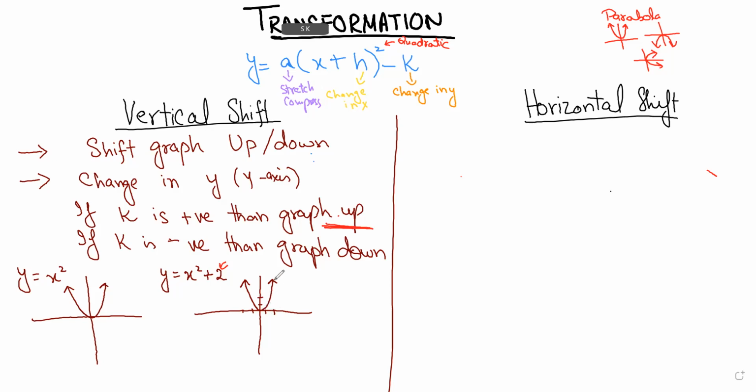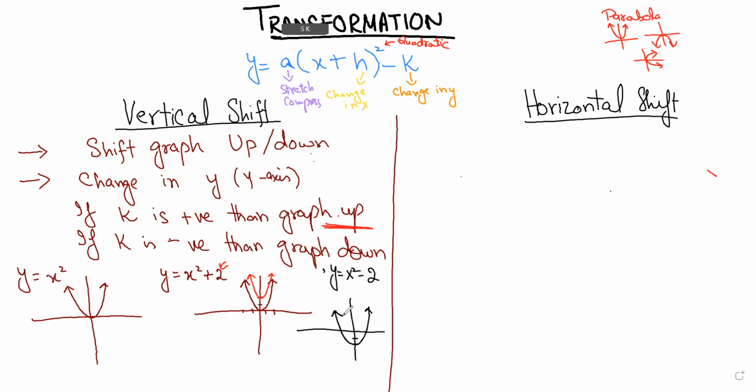So if I shift this graph 2 points up, it will become like this, the red one, you can see. And for instance, if I have the equation but this time, instead of positive 2, we write negative 2, then how to draw it? I'm going to shift this graph 2 points down, like this. So this is how my vertical shift is going to work.